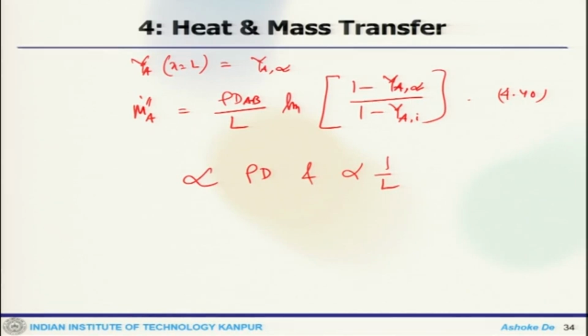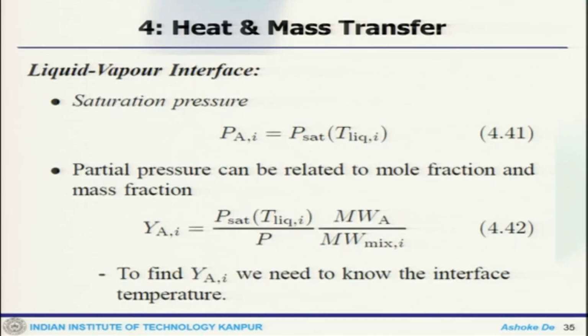Now, what happens at the liquid vapor interface? We need to look at that, because that is a situation where both liquid and vapor are there. So, one is the saturation pressure. So, P A i would be the saturation pressure of that liquid. Now, we can correlate the partial pressure to mole fraction and mass fraction.